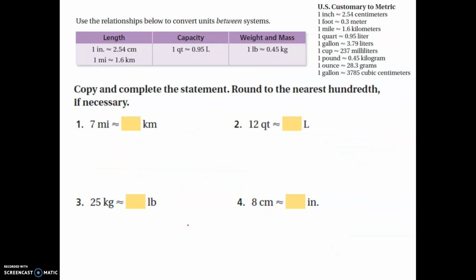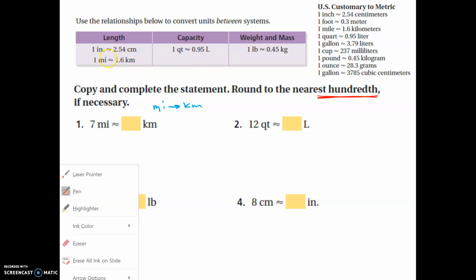So when we look at these examples here, we want to copy and complete the statement, rounding to the nearest hundredth. That's going to be important for us. Right away, we need to look for conversion factors. When we look at the first one, we're going from miles to kilometers. And that's going to be right here. There's your conversion factor. So let's set this problem up with our given and then our dimensional analysis. 7 miles over 1, because that's how we start everything.